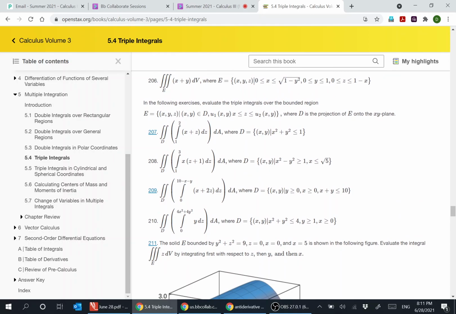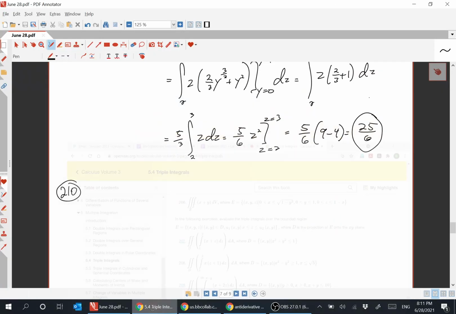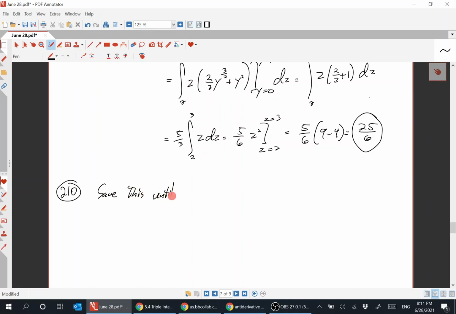So we don't need to do this one because let's save 210 until section 5.5. Okay, so we'll talk about section 5.5 and then we'll do 210. So save this until section 5.5, which hopefully we'll get to in just a few minutes here.